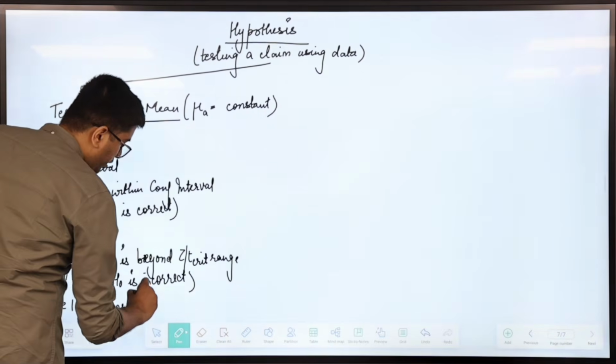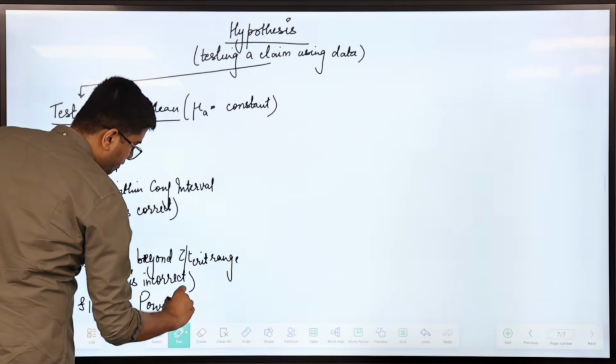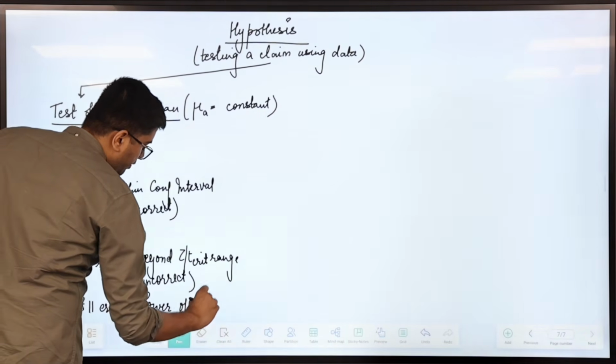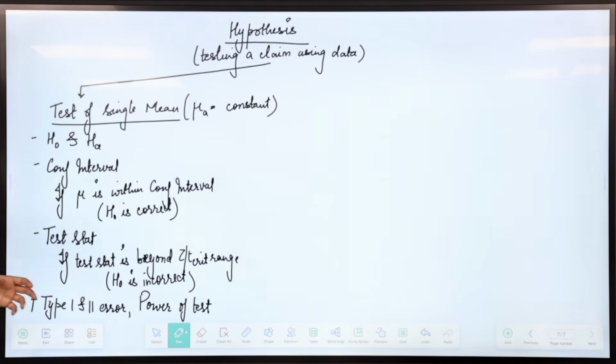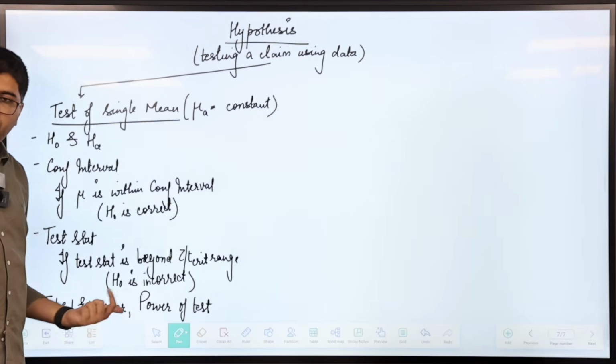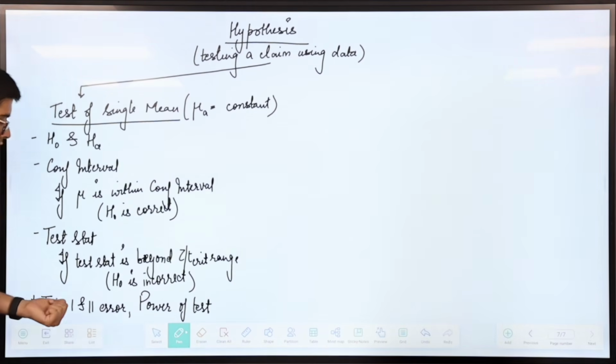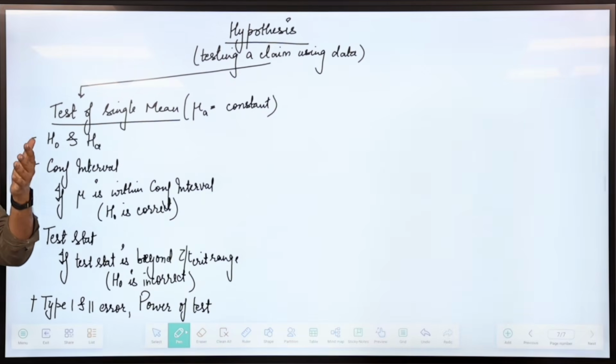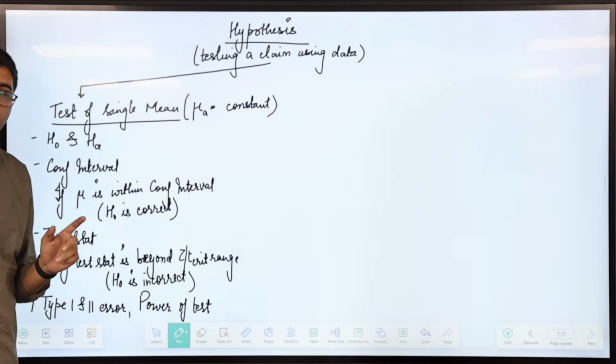And apart from this, power of test. Power of test is simply the ability to correctly avoid type 2 error, because from financial perspective, type 1 error is you losing some possible returns. Rejecting a true hypothesis means you don't invest in securities where you should have invested. So you will miss out on returns. But type 2 error is failing to reject a false hypothesis.